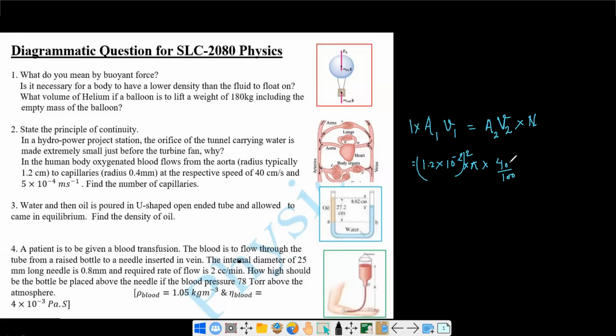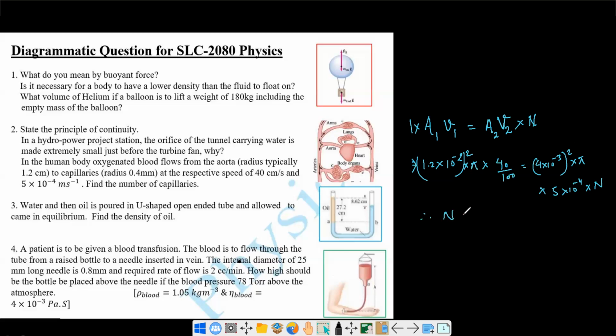So this is your velocity in here. The area of a capillary is going to be like 0.4 millimeter, that is (4 into 10 power minus 3) square into pi, into velocity, which is here 5 into 10 power minus 4 meter per second, into the number. So you have just a single variable which you can calculate.